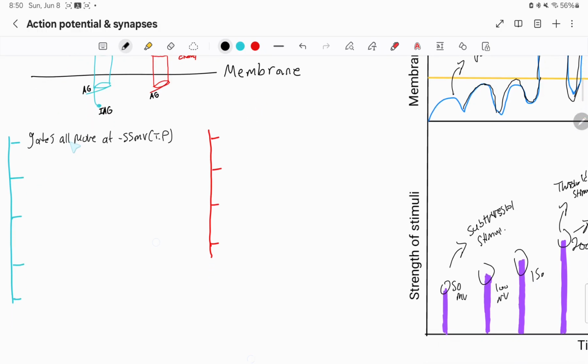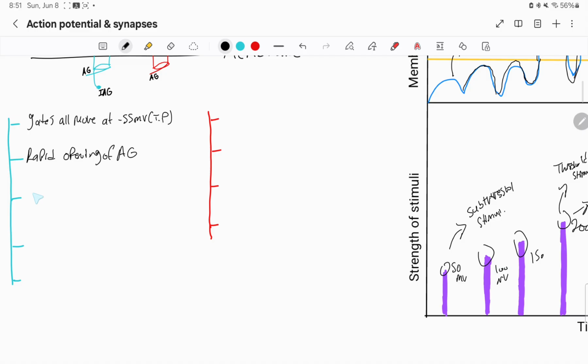But in which direction? Well, at threshold, there is a very rapid opening of the activation gate. So when I hit negative 55, this activation gate snaps open. What about the inactivation gate? Well, there's actually a slow closing of the inactivation gate.